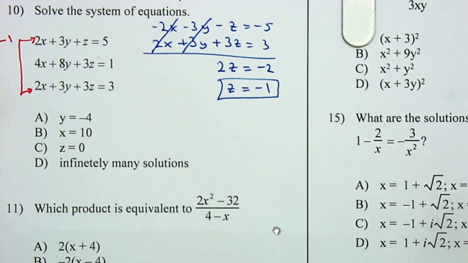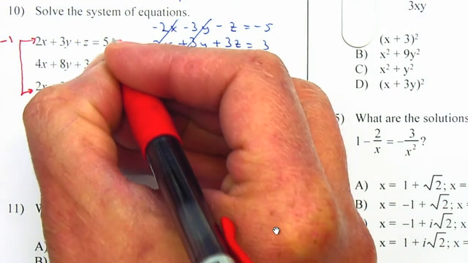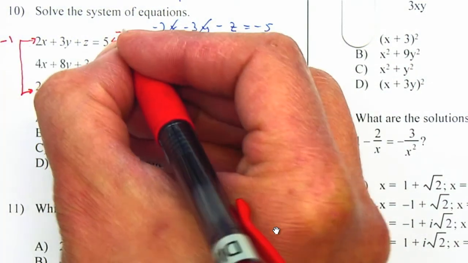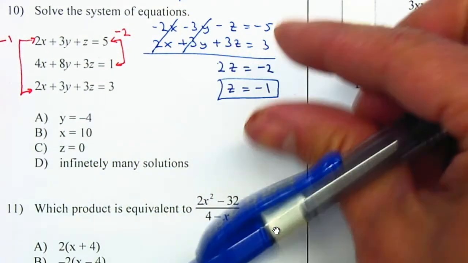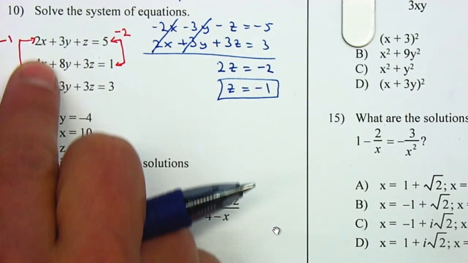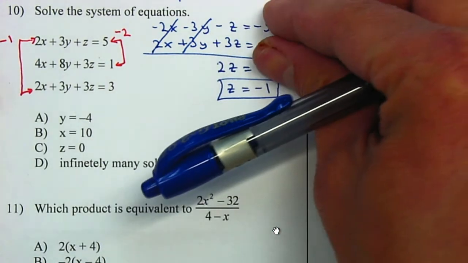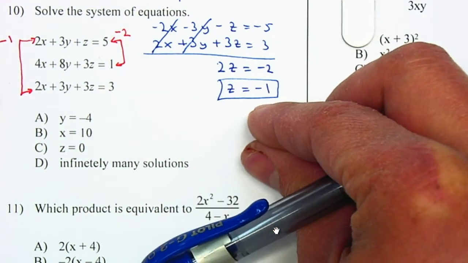Now we want to cancel the x's once again. So let's grab the first one and the second one, and I'm going to multiply the first one by -2. Now remember, you want to cancel the variable twice. We were trying to cancel the x's, so even though two of them cancelled the first time, continue canceling the x's once again.